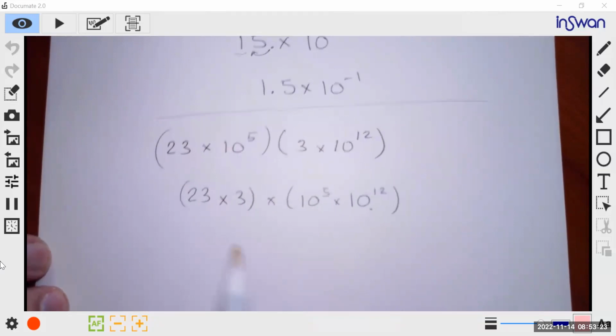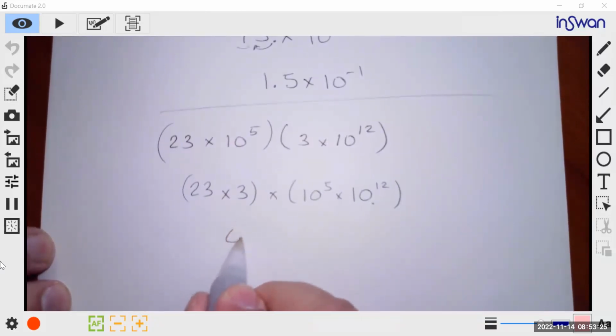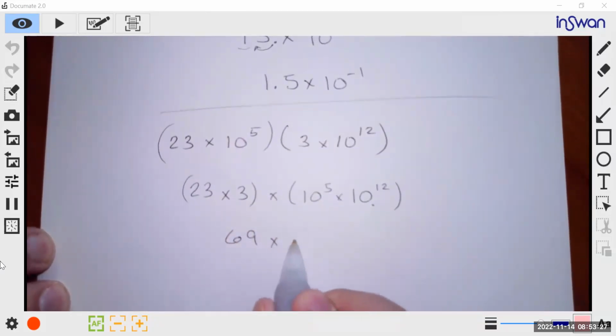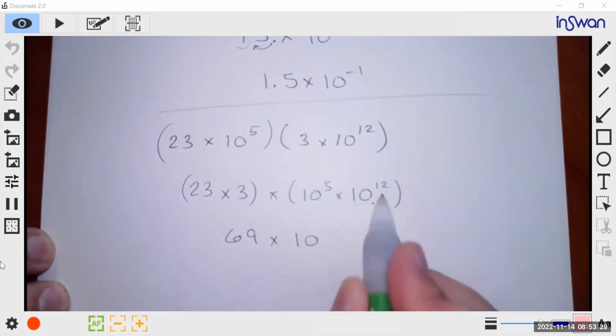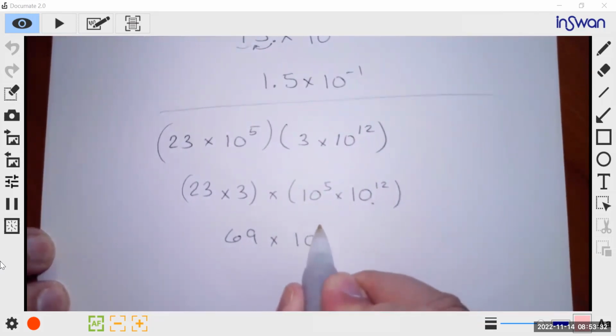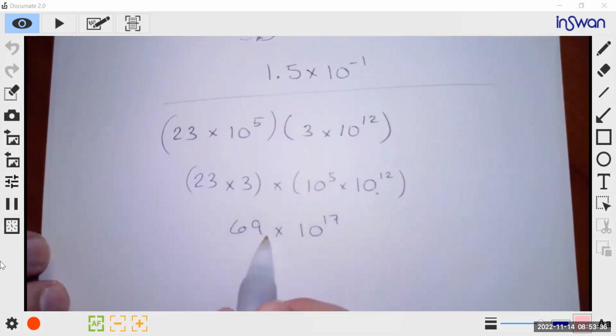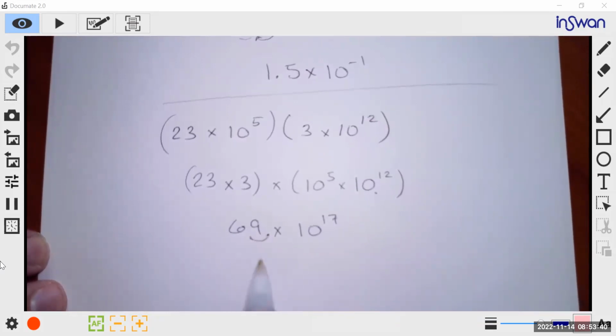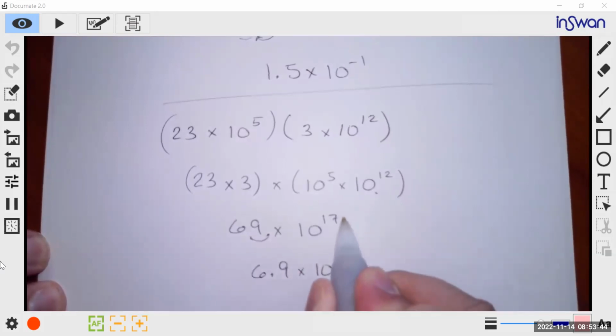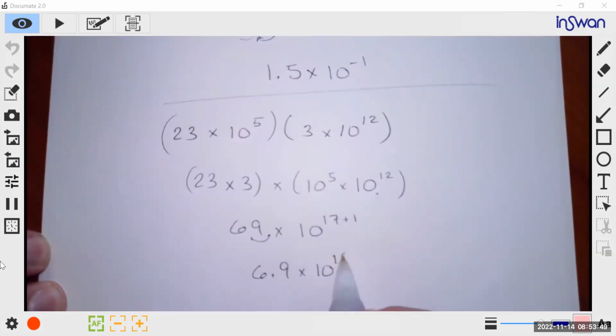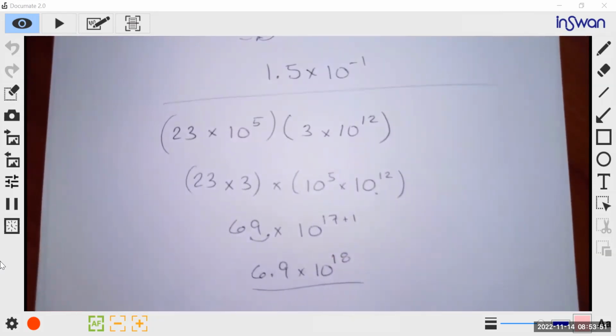So 23 times 3 is... 10 to the 5th times 10 to the 12th is 10 to the... yeah, we add the exponents. But the decimal's over here, it's got to be moved over 1. So we add 1 space. We move 1 decimal. Very good.